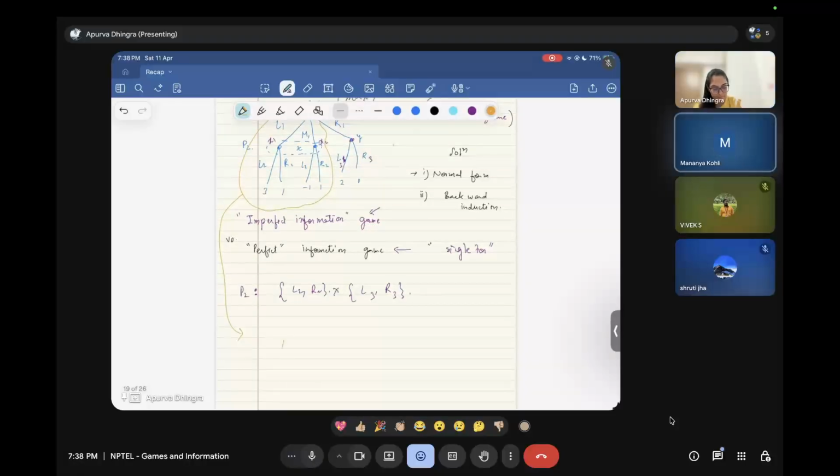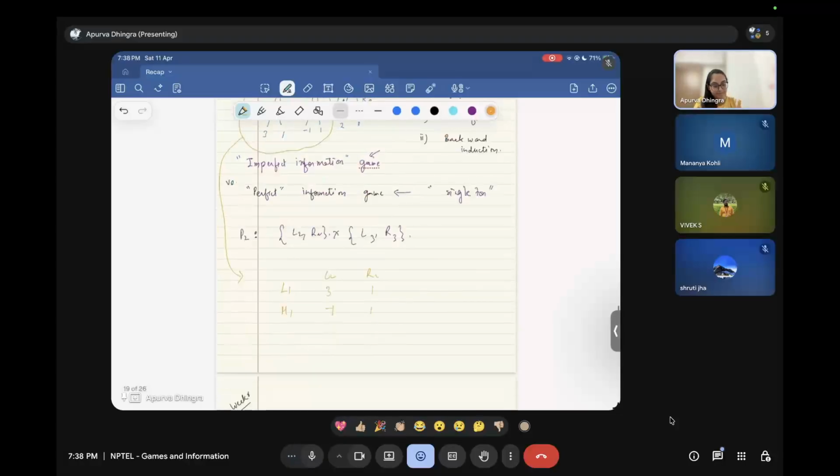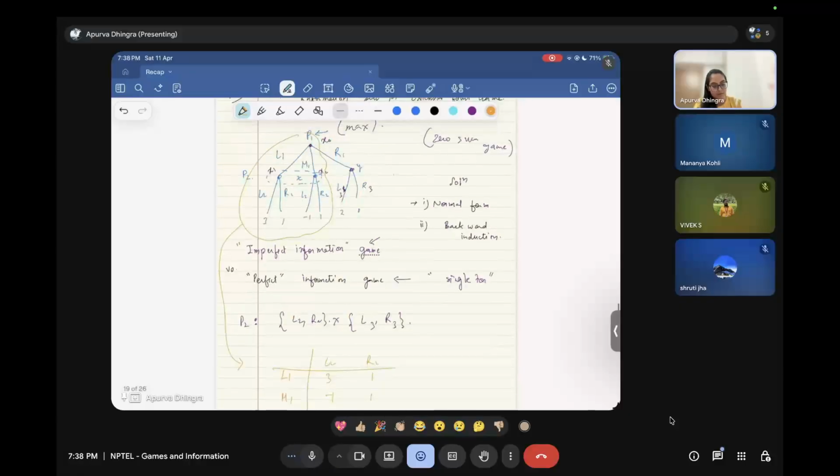Normal form, or rather simultaneous move game, because this is only that sub portion, L1 M1, L2 R2, and then it's just filling this. So this is 3, this is, and then we just are required to find equilibrium if there is one. If there is an equilibrium, that's the strategy.